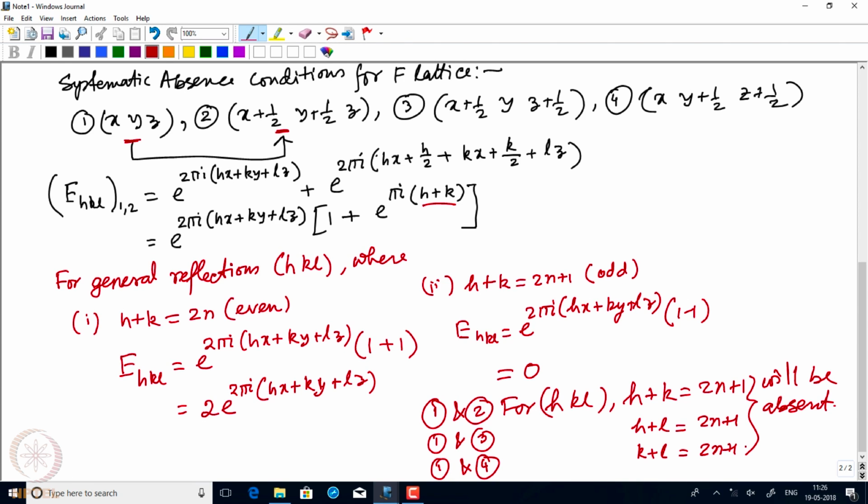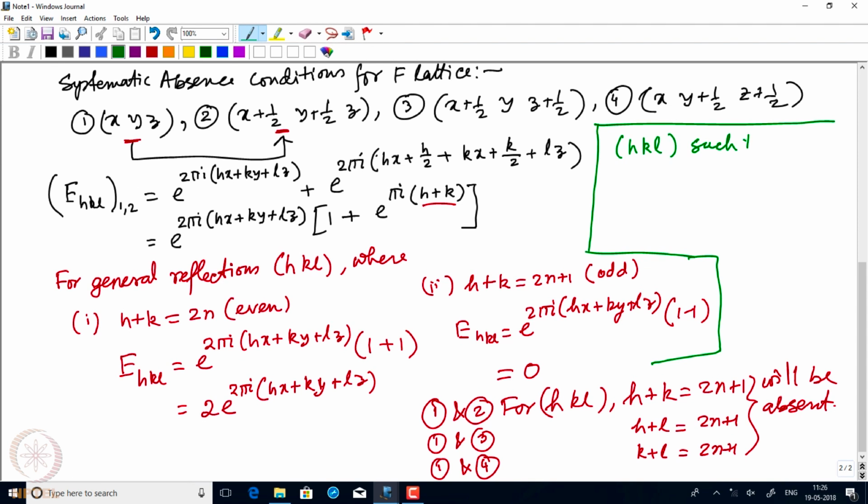What does it actually mean? It actually means, in case of face-centered lattice, the reflections that will be systematically present are going to have HKL such that all of H, K and L will be either odd or all even.